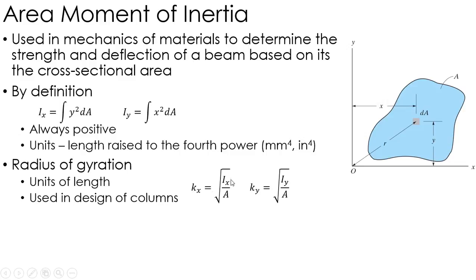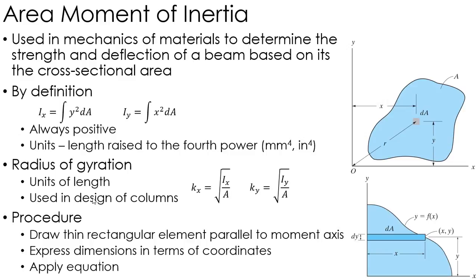It's the square root of the moment of inertia divided by the area. Again, it's just another way to express how the area is distributed using units that are a little bit easier to wrap your head around, and that value is also used in the design of columns in structural mechanics.